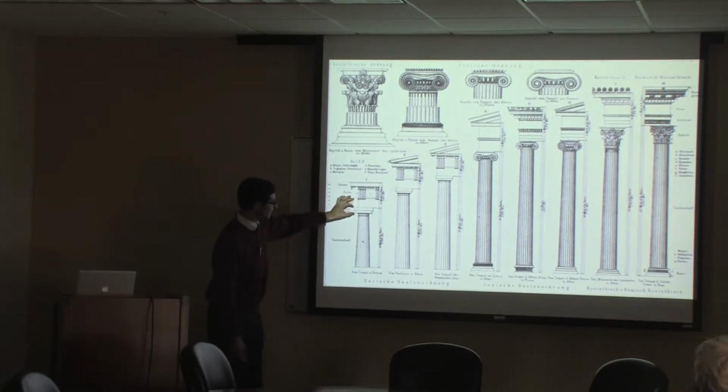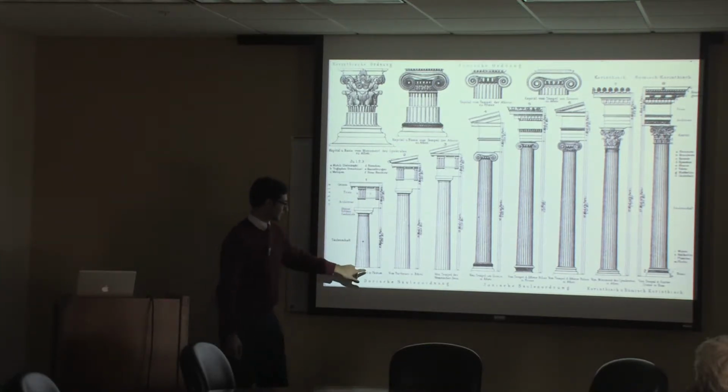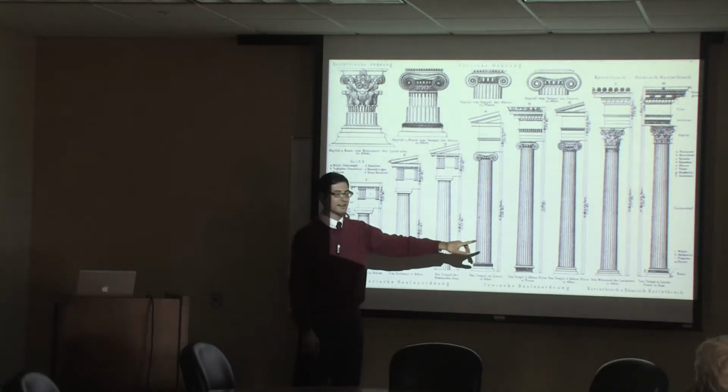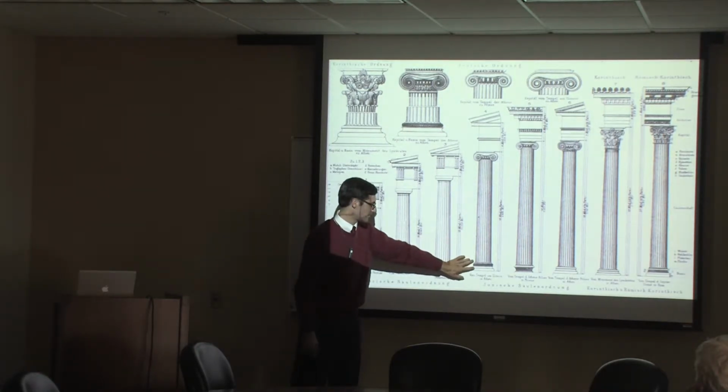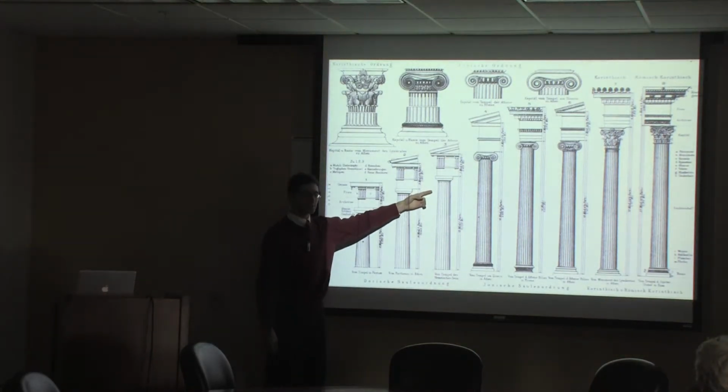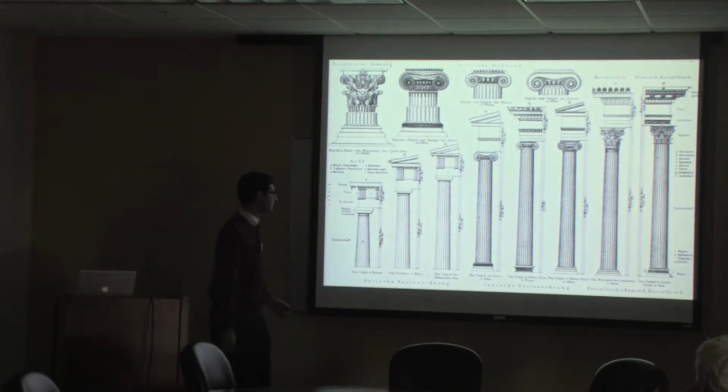First up here is the capital, which is the top, and then here you have the shaft. The third part that's missing on the Doric column, which you have on the Ionic and Corinthian, is the base down here. And you'll notice that there are these narrow channels cut into the column for aesthetic effect called flutes.